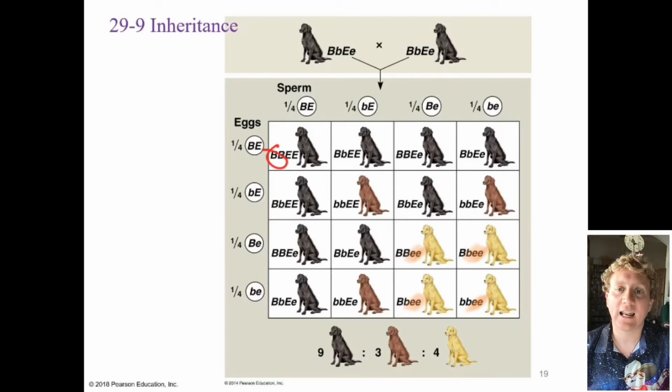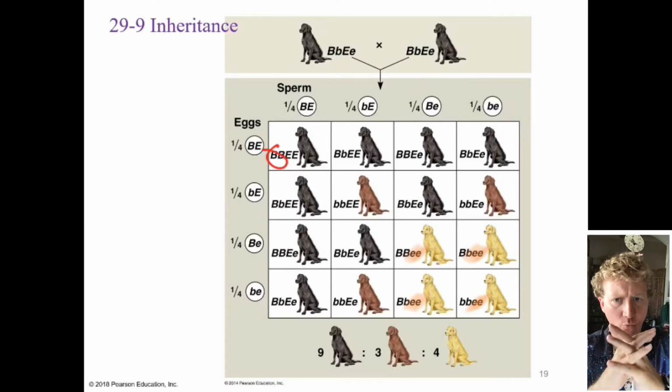It works similarly in humans with red hair. There's two pigments, eumelanin and pheomelanin. Eumelanin is your brown and black. The more eumelanin you have, the darker your hair color is. So black hair has a lot of eumelanin. Pheomelanin is primarily red.